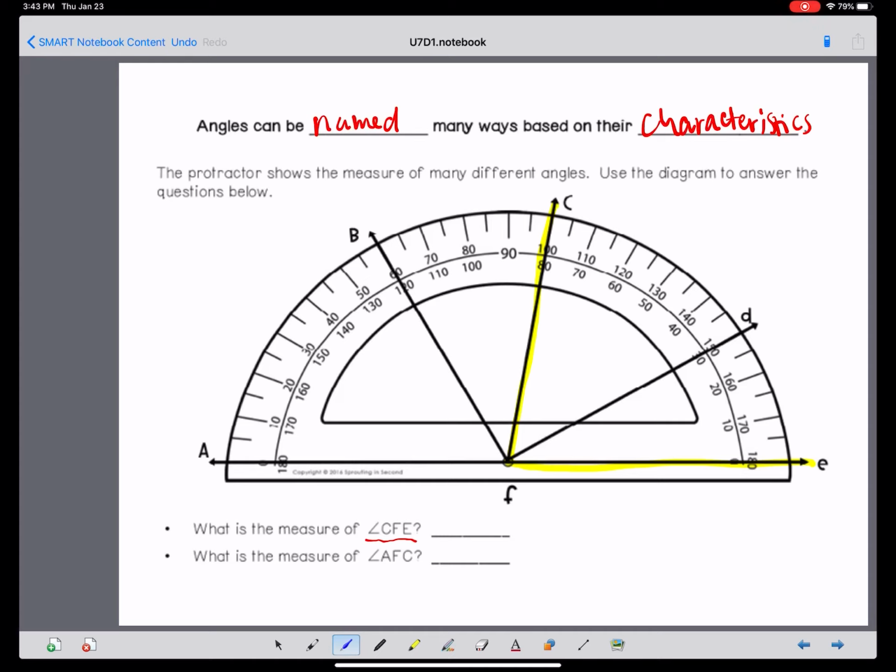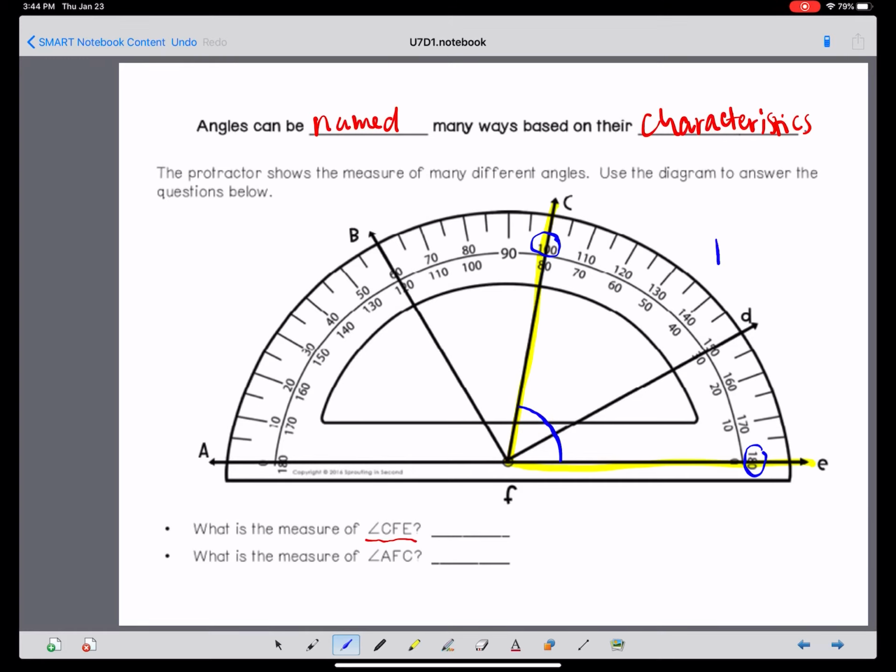And I talked about this in class. If you were here and you're just coming back to get some extra help, you can use the top row of the protractor's numbers, or you can use the bottom row. Just whatever you use, be consistent. So if I say that this is a measure of 180, and this is a measure of 100, we are going to find the difference between those to figure out what our angle measurement is.